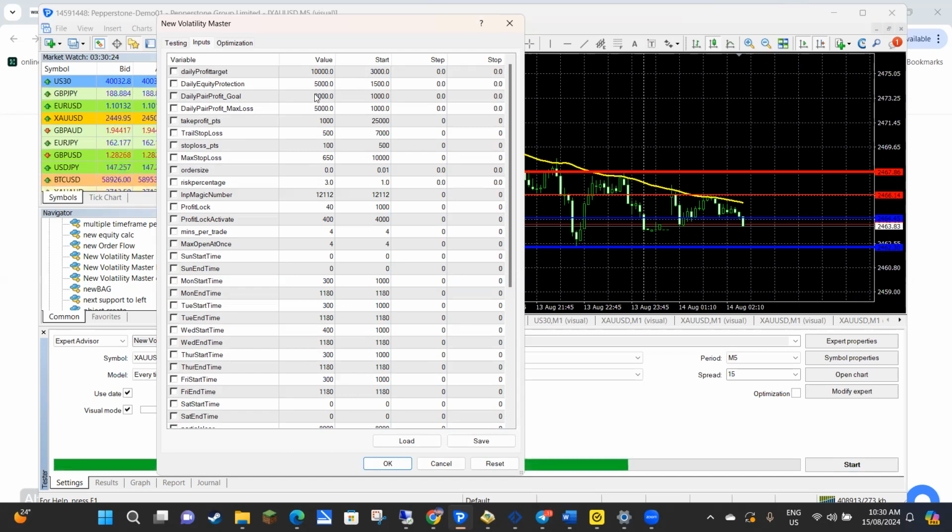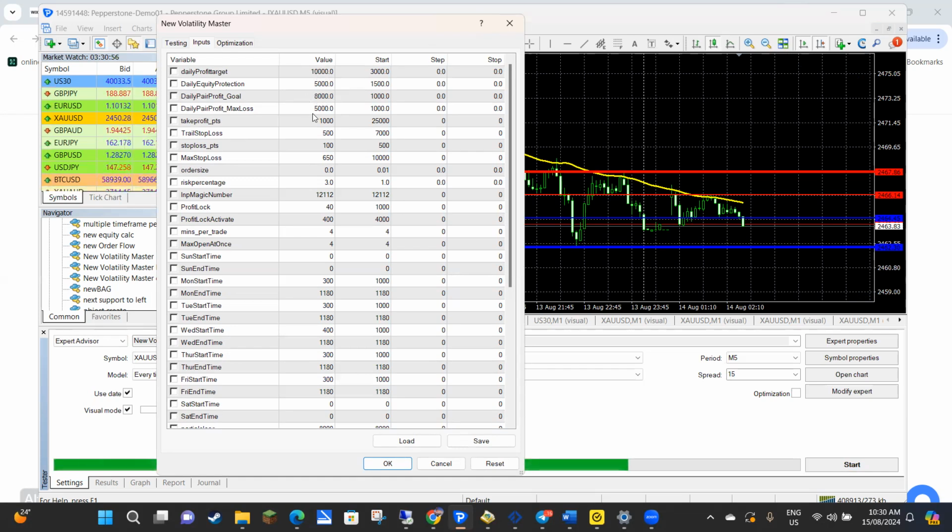So, for example, what I've got here is I'm aiming to make $8,000 off gold. So if I hit that target, it's going to stop trading. But if off all the pairs I'm trading combined, I hit a target of $10,000, that may occur before the gold ones reach 8,000, then it's also going to close trades and stop trading for the day.